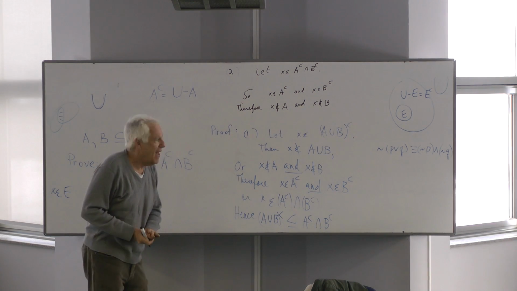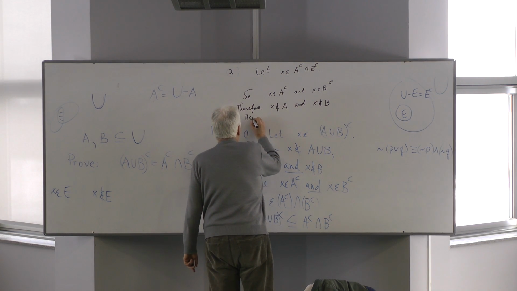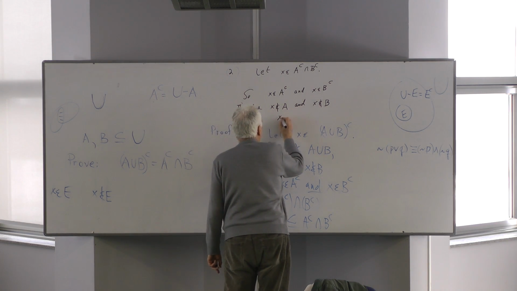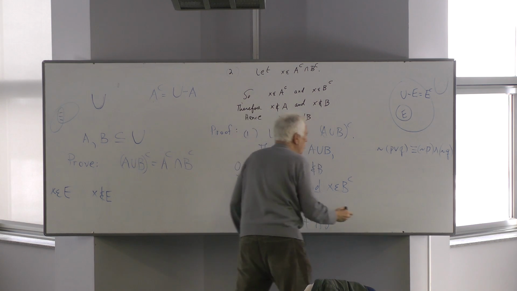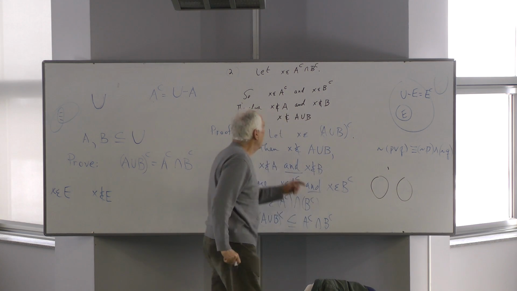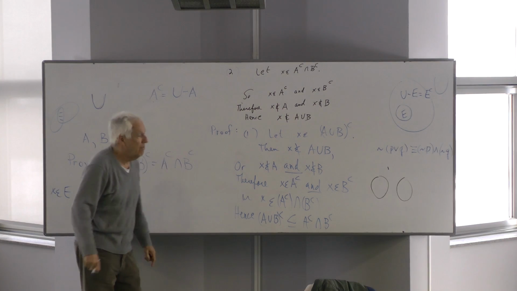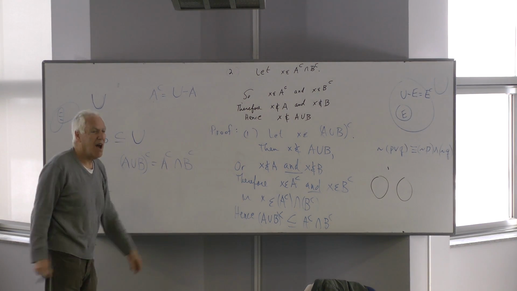You're not in A, you're not in B. Hence, you're not in the union. Correct? You have two sets. You have a point that's in neither, then it's not in the union. If it's not in the union, it's in the complement.